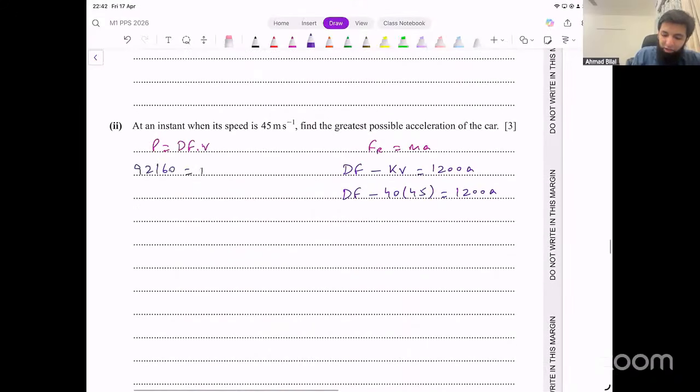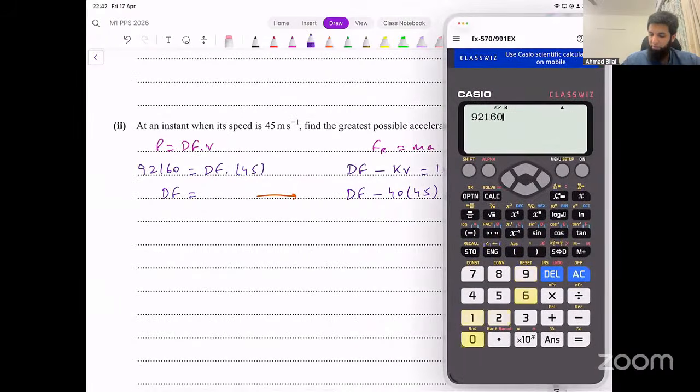The speed at this point is 45. Input that in your calculator, you'll get a value for DF. What's the value of driving force that we get? 92160 divided by 45, that's 2048.